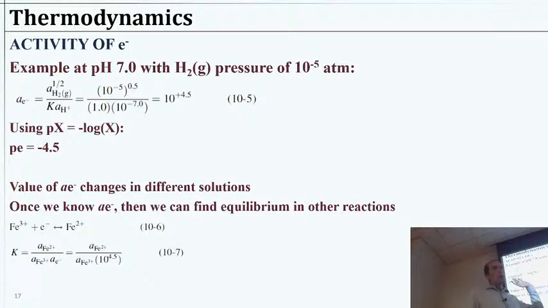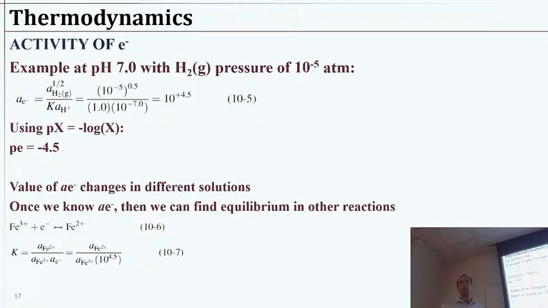As we've been talking about, the amount of redox potential changes with what's in the solution. So in different solutions, we'll have different values of our electron activity. And once we know that, we can go forward and find equilibrium with other reactions. For example, the equilibrium between Fe3 plus, ferric iron, and electrons going to Fe2 plus, ferrous, we could define that in relevance to other pieces because we know the activity of that electron.